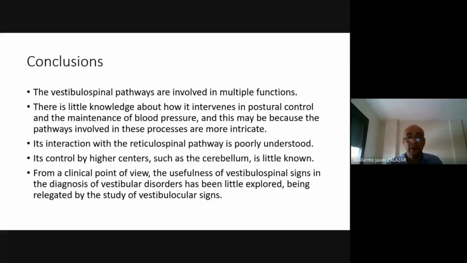Its interaction with the reticulospinal pathway is poorly understood. Its control by higher centers, such as the cerebellum, is little known. From a clinical point of view, the usefulness of vestibulospinal signs in the diagnosis of vestibular disorders has been little explored, being relegated by the study of vestibulo-ocular signs.